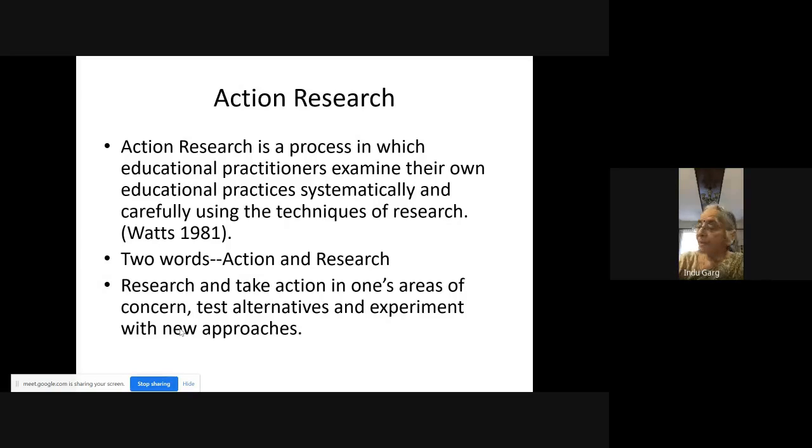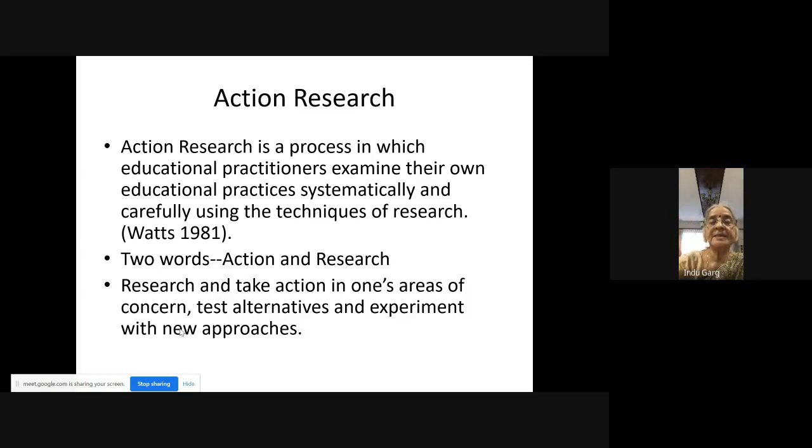The last type which I'm going to talk about is action research. And students, pay attention to this, because you will be required to do an action research project, and action research is very, very helpful in your immediate teaching and learning conditions in your classrooms. It's very interesting.